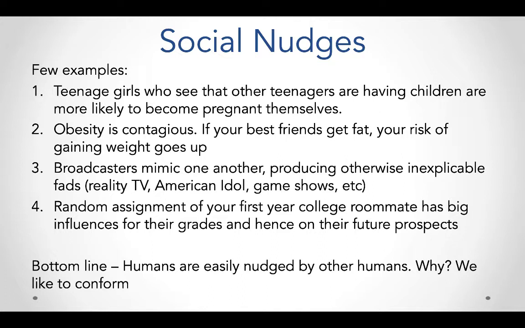Why? Because we like to conform, we like to belong, we like to be part of social groups where we are seen doing similar things. So we are all trying to mimic each other because that's where the safety comes from. And remember, we were trained to be part of social groups.